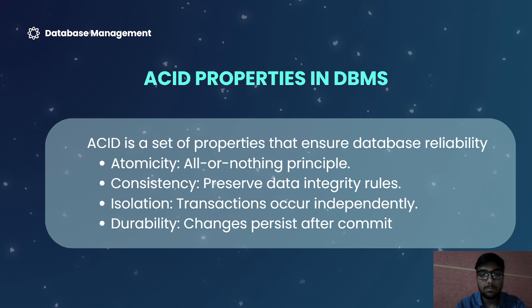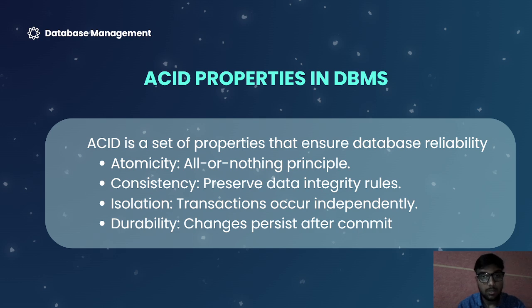Consistency means it preserves data integrity rules. Isolation means transactions occur independently. Durability means changes persist after commit. So in this video we will focus on the first two, that is atomicity and consistency.